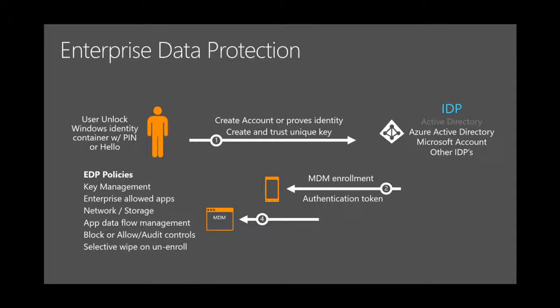You can set network and storage sources and targets so that the user can actually read information. If he reads it from your corporate storage, it will automatically be encrypted the moment the user stores it on the device, right? And it could be that he tries to store something on a non-compliant storage area, like Dropbox.